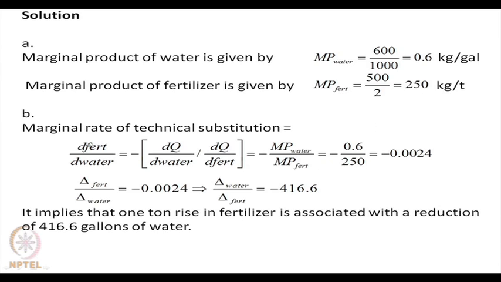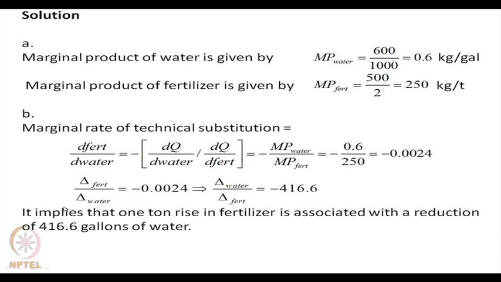Remember that this is always negative. This is a case of technical substitution, that means an increase of one will decrease the extent of the other input used. So, it is negative here, and the value is minus 0.0024. So, this is d fertilizer by d water. If I take the inverse, in this case del water by del fertilizer is minus 416.6.